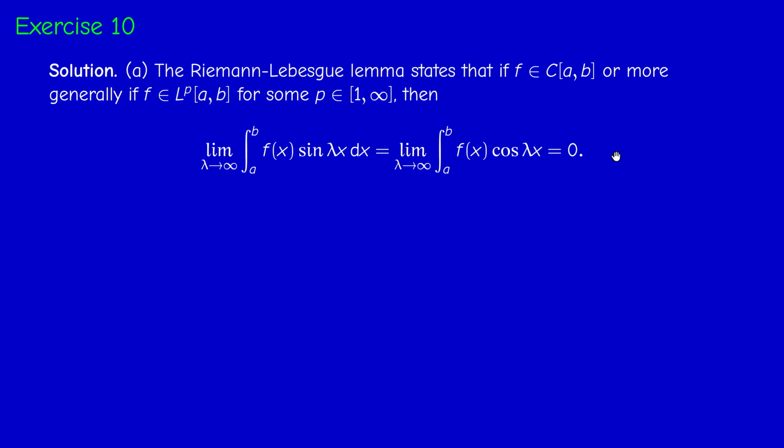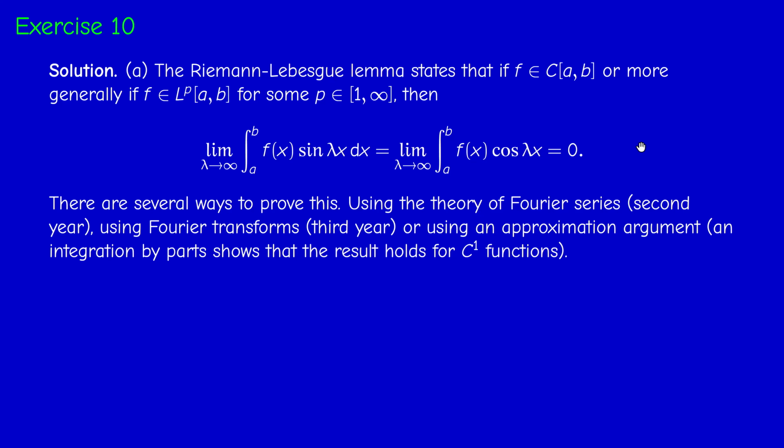I'm not going to prove that, but there are at least 3 ways of proving it. The first way uses the elementary theory of Fourier series that you learned in second year.